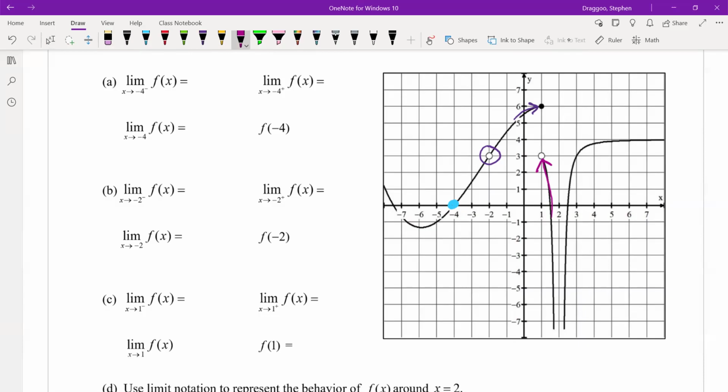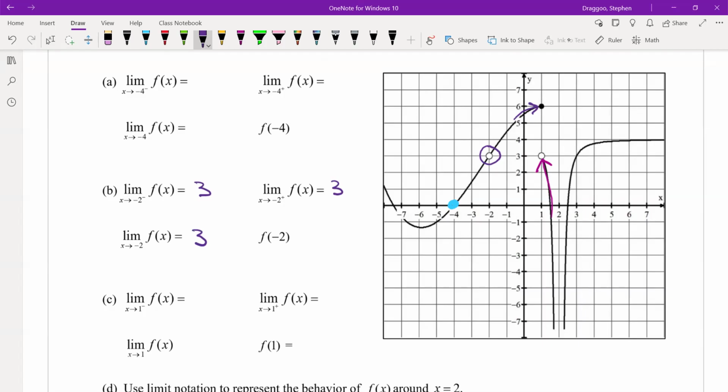Cool. So let's start with the example, the one that we already did, the one where something interesting goes on. Sending x to -2. Well, it doesn't matter if I approach from the left or the right side, they both head to the same point, which is at 3. So my left side, my right side and my limit as a whole all agree that the y value is supposed to go to 3.